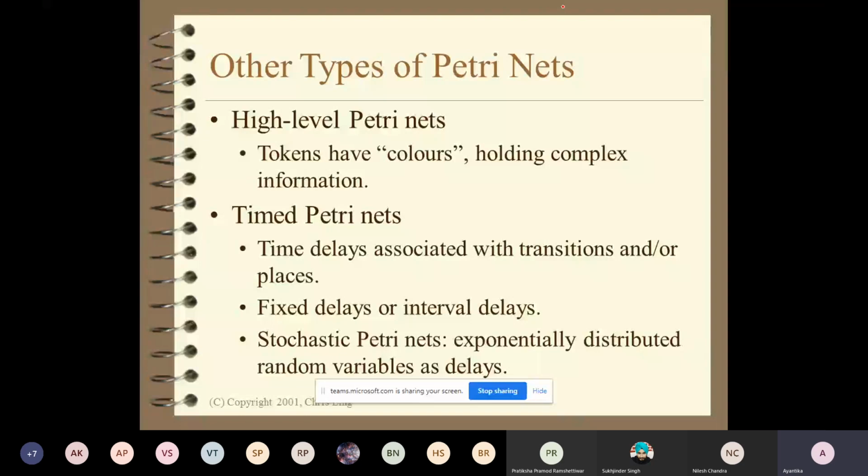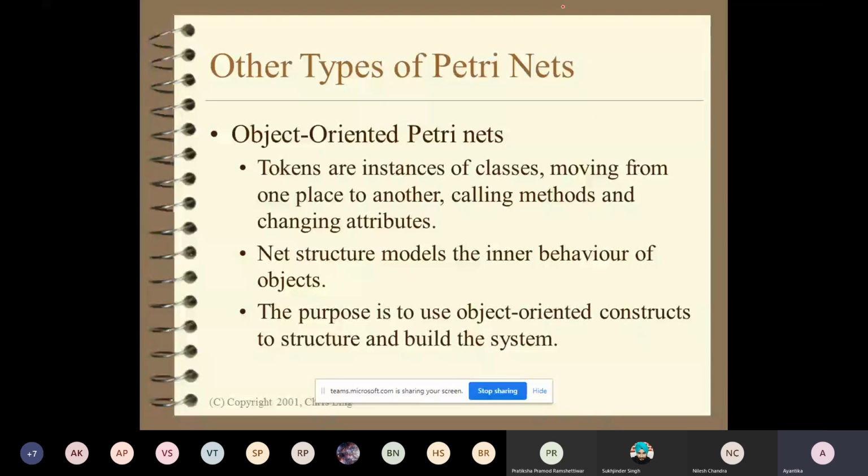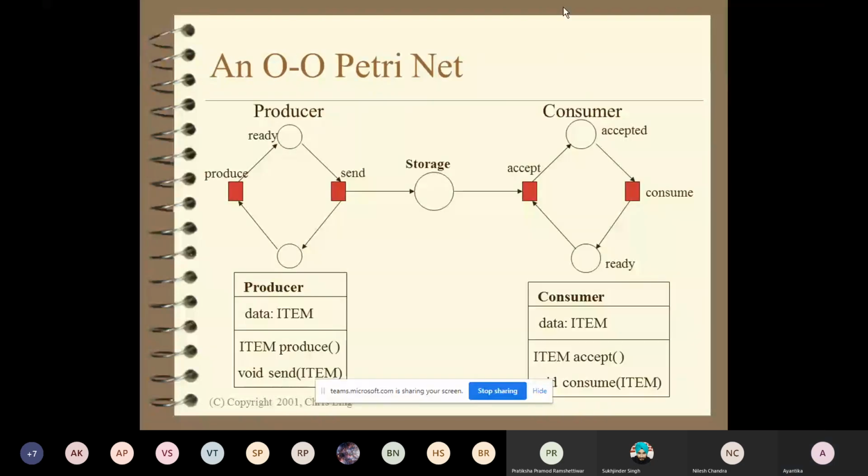And when we move to these high-level Petri-nets, there we consider predicate nets, with typical identities associated with your tokens. Your tokens are not all similar. Also timed features, time delays, those things have been added. And object-oriented concepts. This is one example of an object-oriented concept.